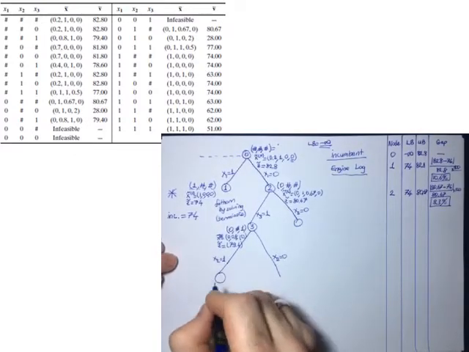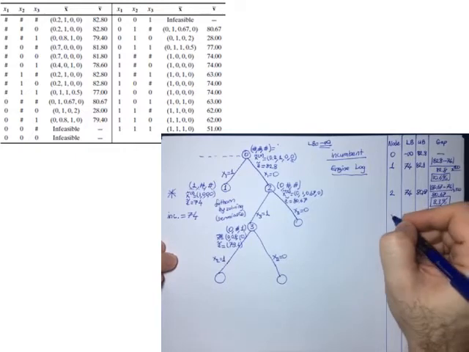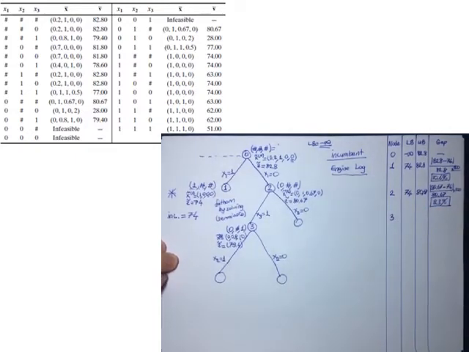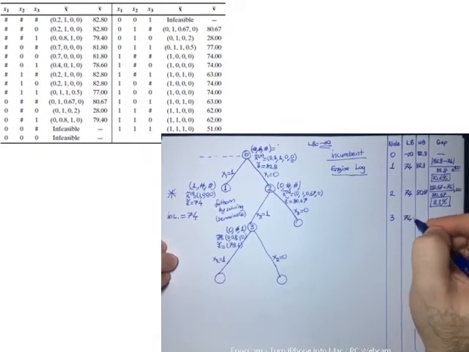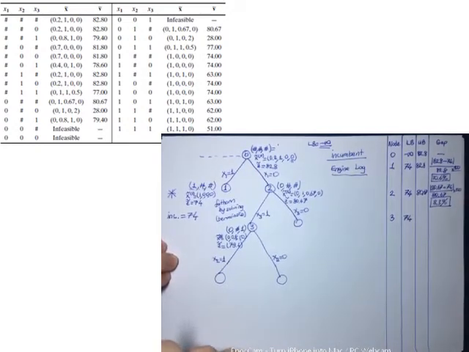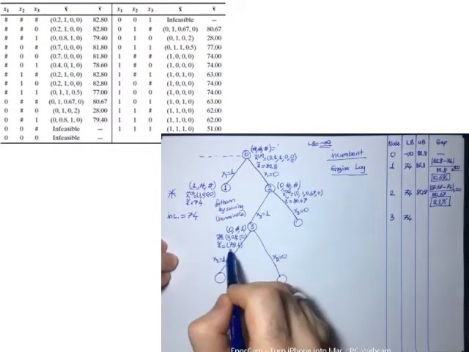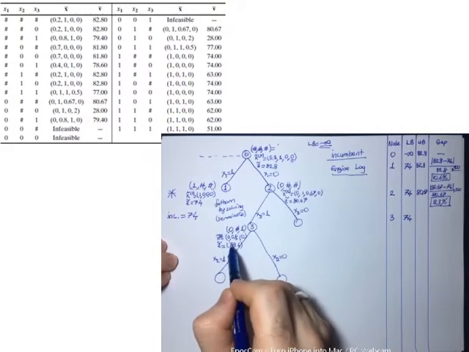Okay, now at this point, I can write what happens to node 3. My incumbent is still the same, it's 74. What about the upper bound? Upper bound comes from the parents of the open nodes. The parent of these two nodes is this one, and its value is 79.4.